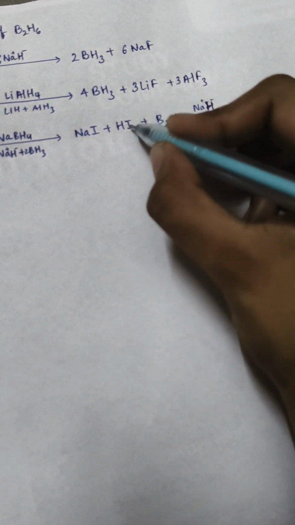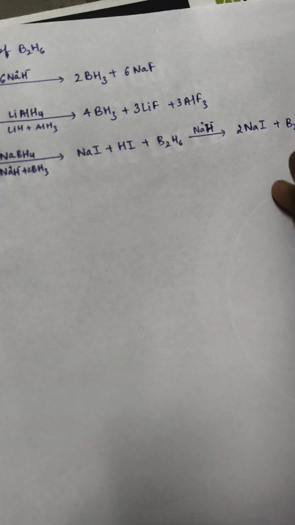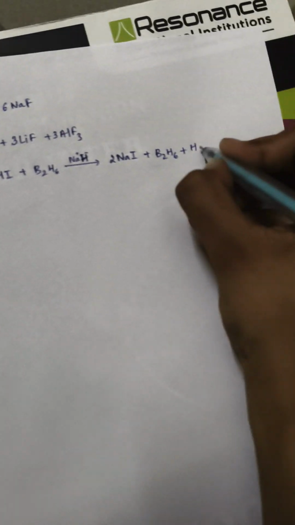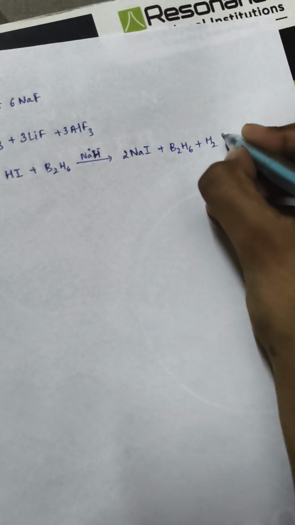This will react with H, so you will get 2 NaI plus B2H6 plus H2 gas. So this is the gas that is released.